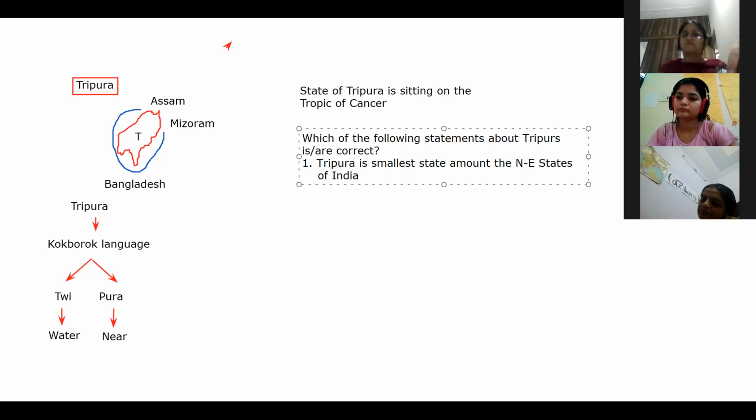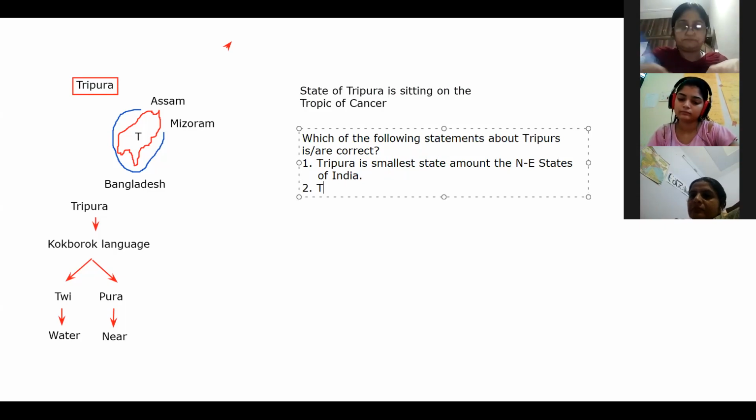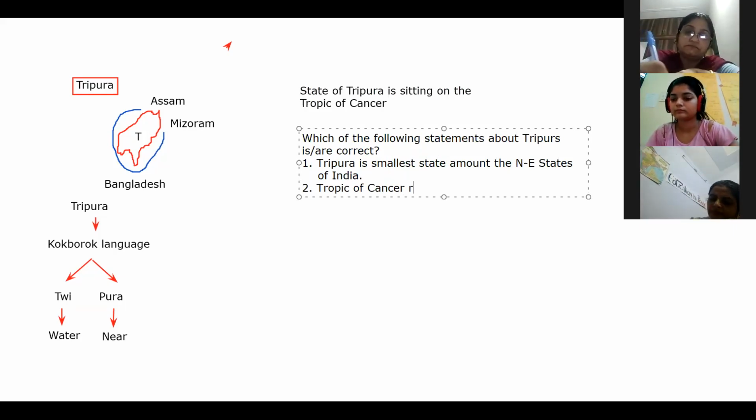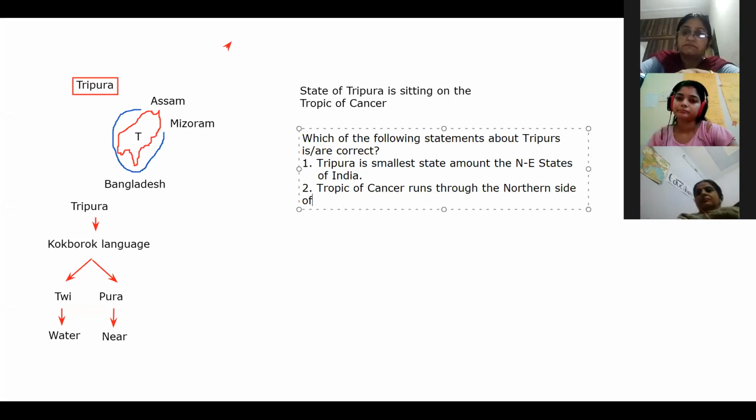And second statement उसने डाल दी कि the Tropic of Cancer runs through the northern side of the state of Tripura.